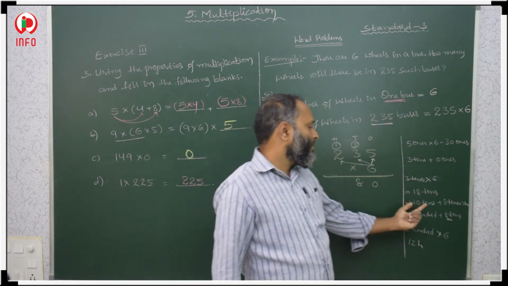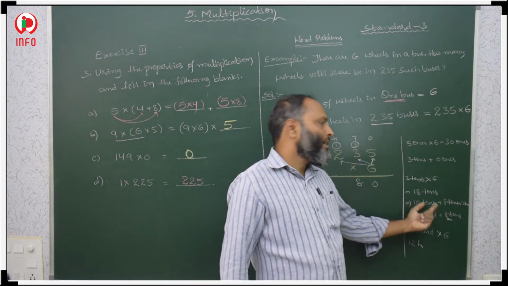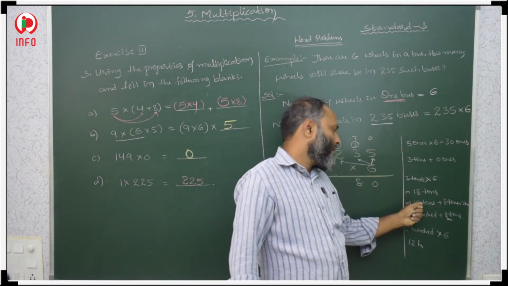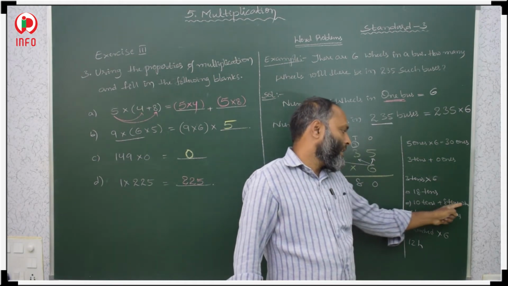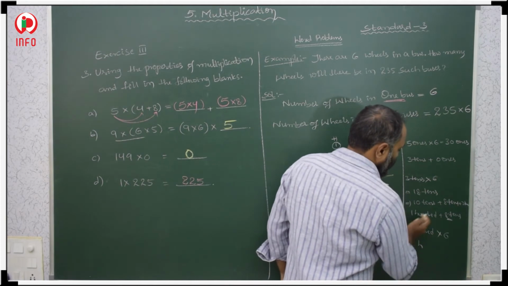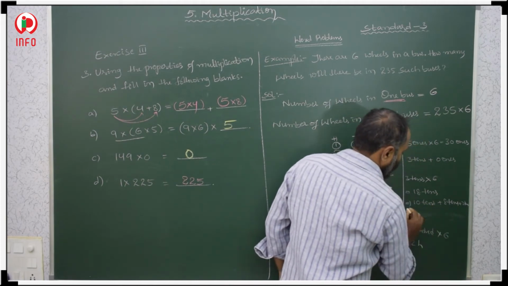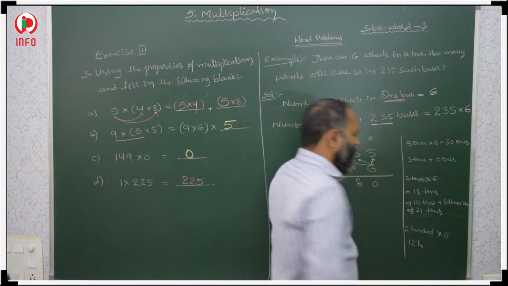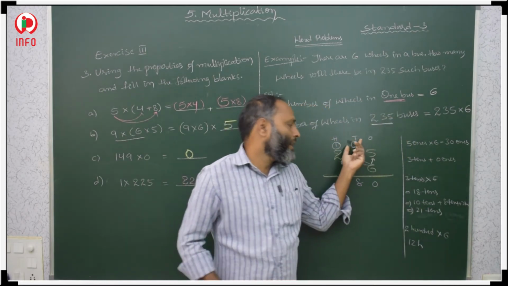So just we took 18 only, but we have to add these tens also. So 10 plus 8, 18 plus 3, 21 tens.